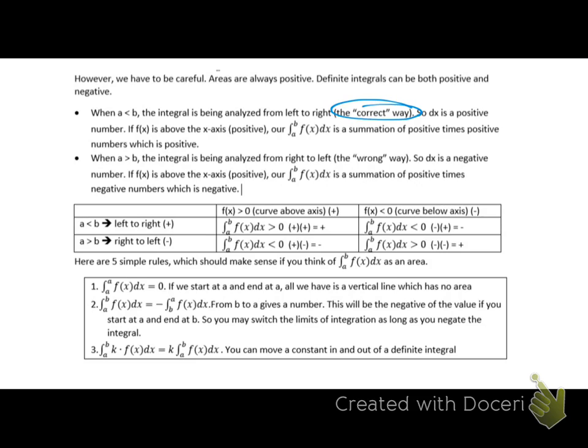Okay, and when you find it the correct way above the x-axis, it's positive. If you find it the wrong way, so let's say instead of going from 0 to 2, we went from 2 to 0, that's going left on the x-axis. Well, that's the, quote, wrong way, which means that your area would actually be negative.